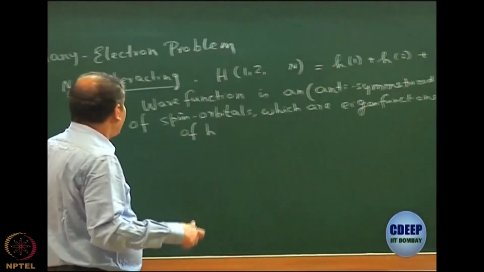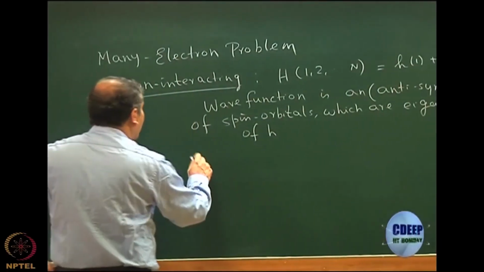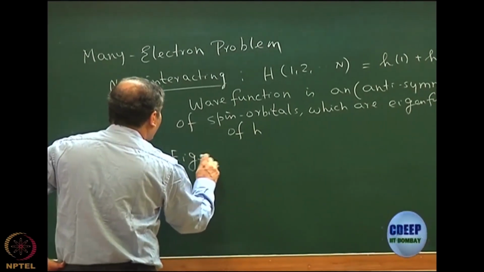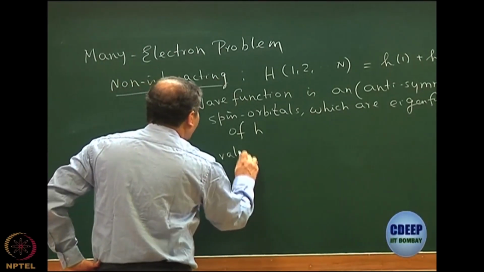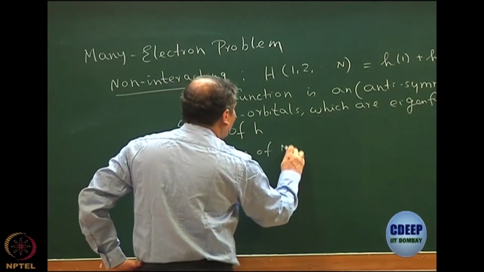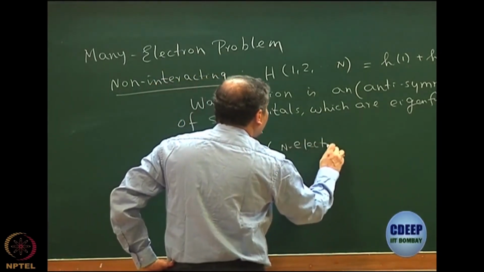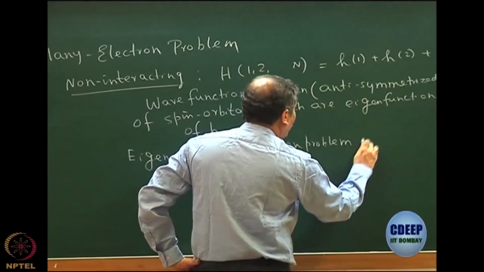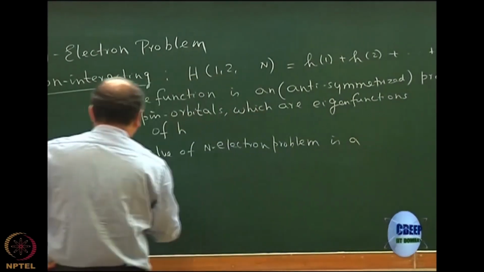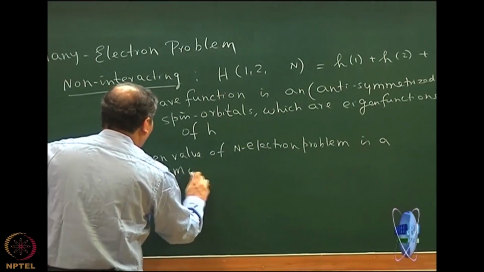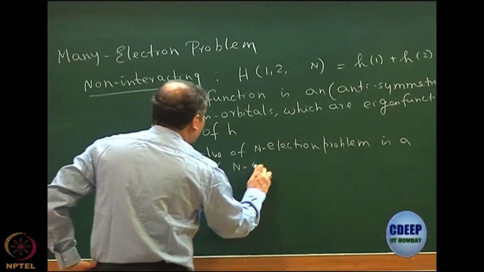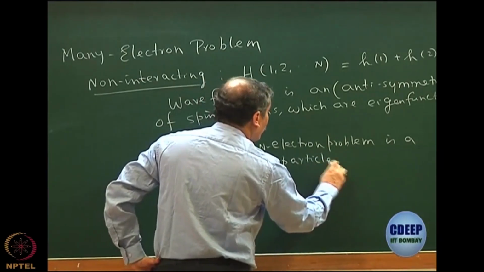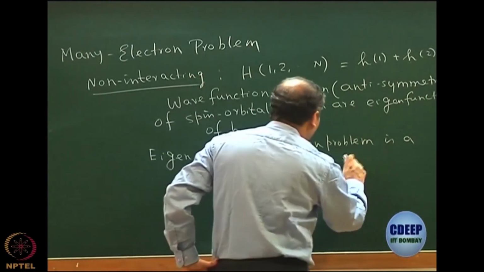So, this is an easy thing, and the energy or the eigenvalue of the n particle problem, or the n electron problem, is simply a sum of n one particle eigenvalues.